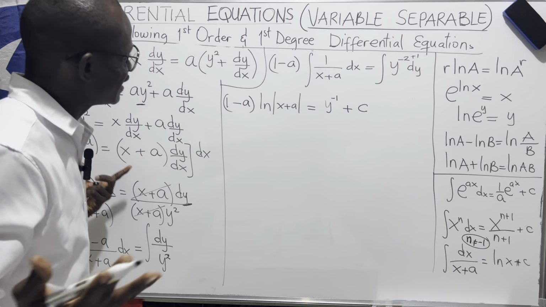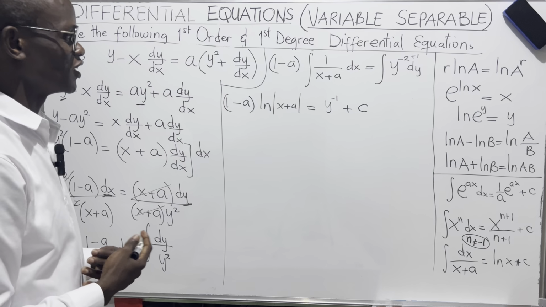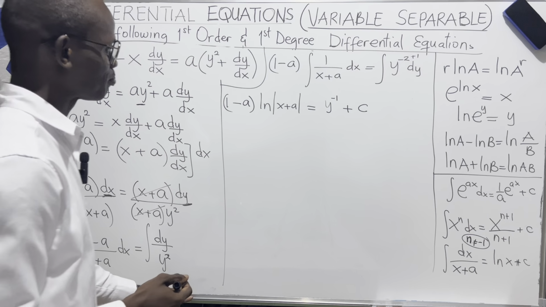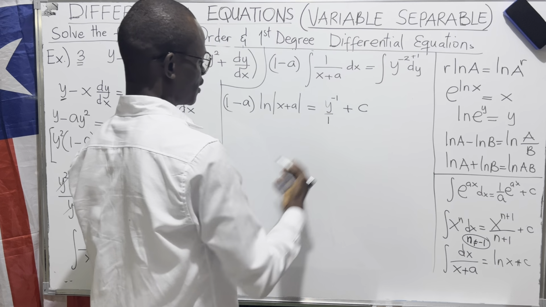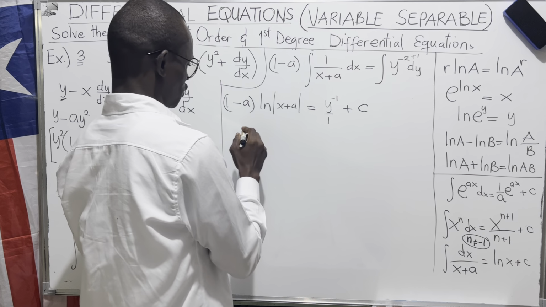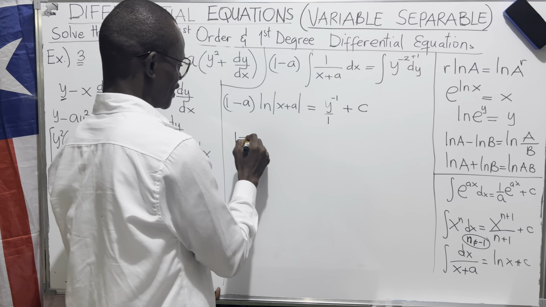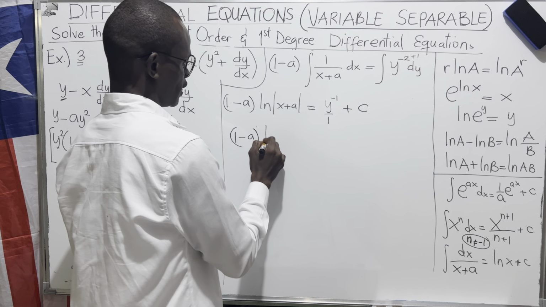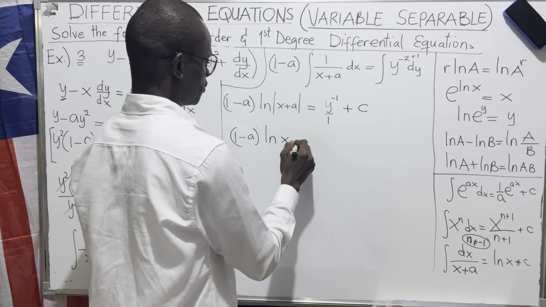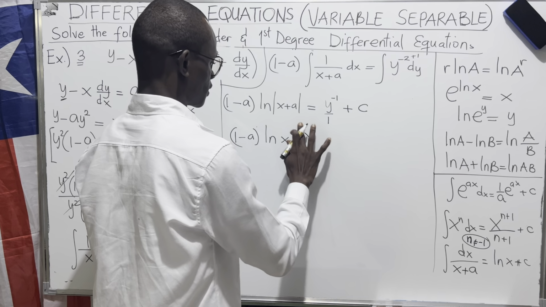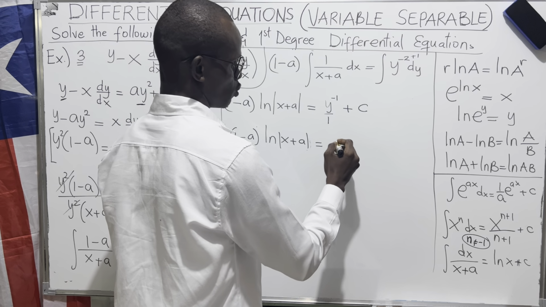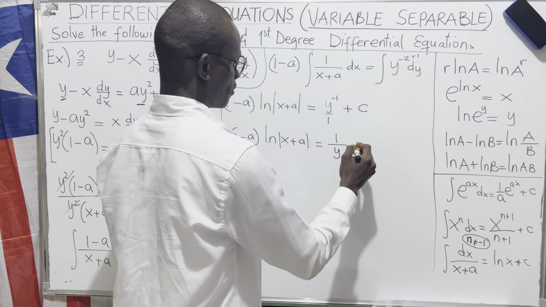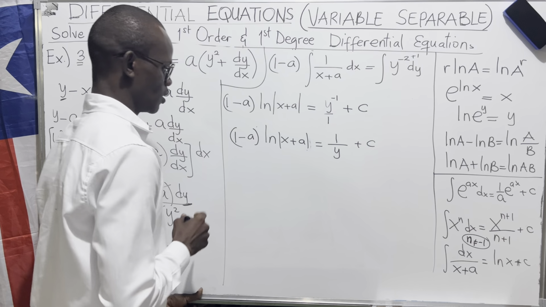So we're done now. It's just to solve for y. If we take the reciprocal of this y, we get a positive y. So we have 1 minus a times ln of x plus a all equals to 1 all over y plus some arbitrary constant.